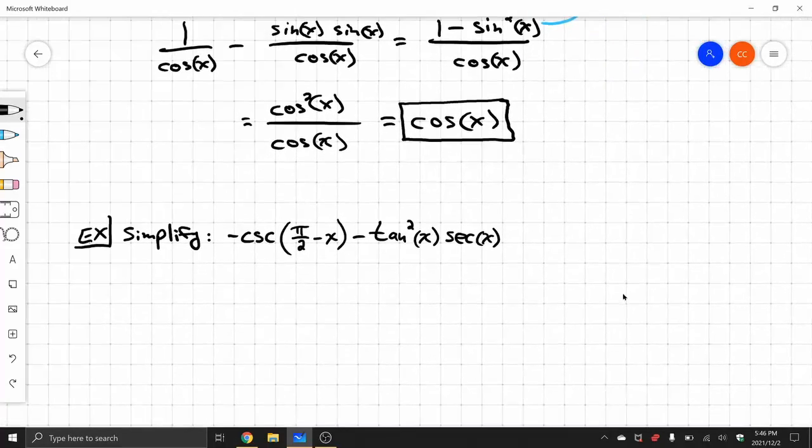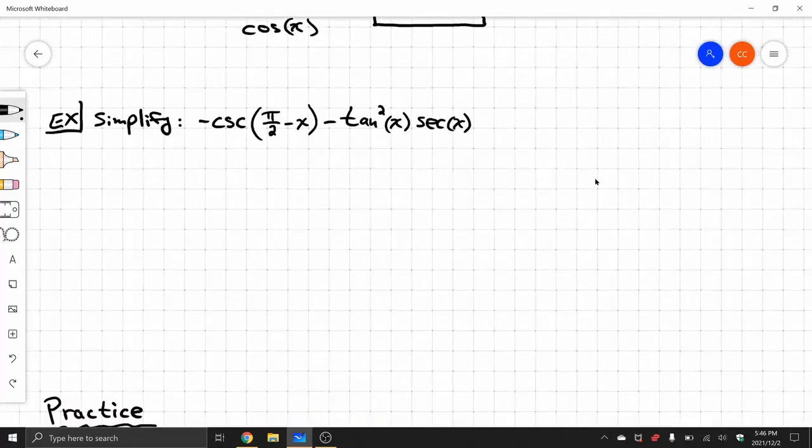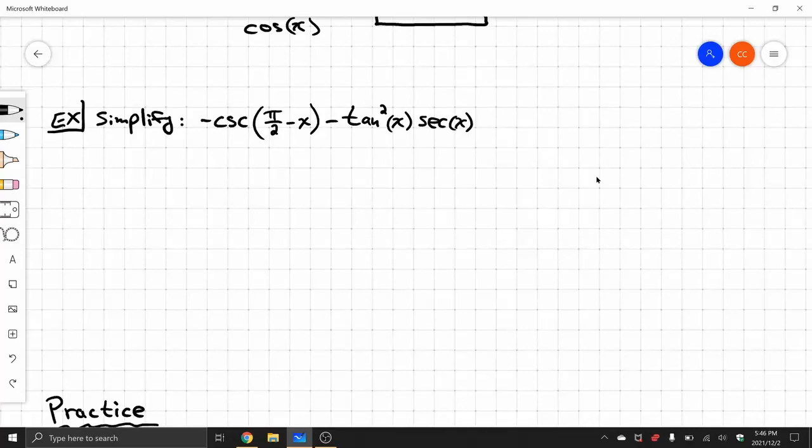Okay, taking a look at our second example, we're asked to simplify negative cosecant of pi over 2 minus x minus tangent squared x times secant squared x, okay? So let's go ahead and rewrite this using my cofunction identities.